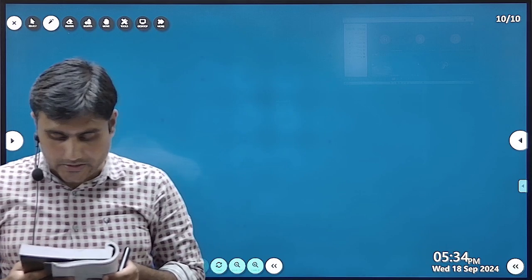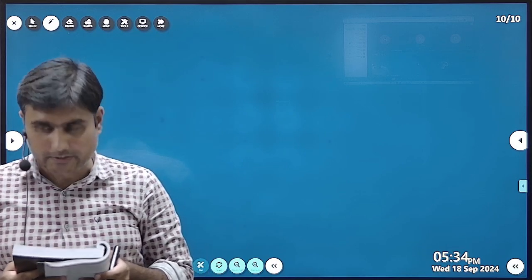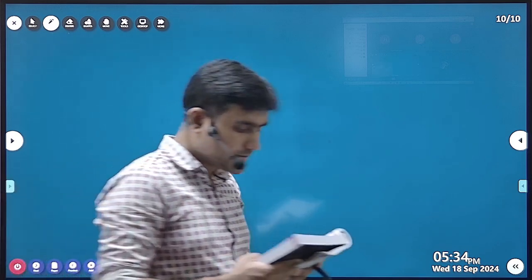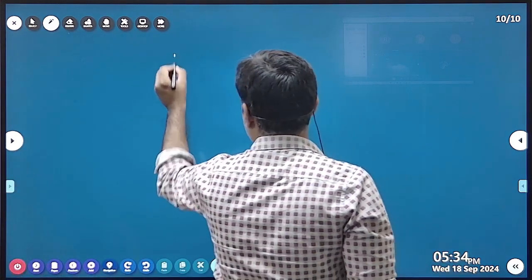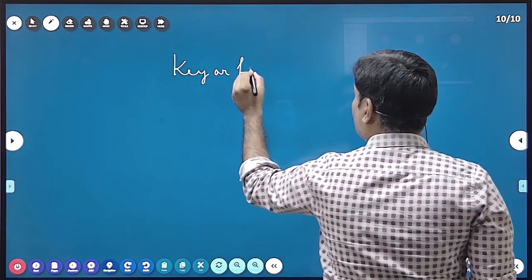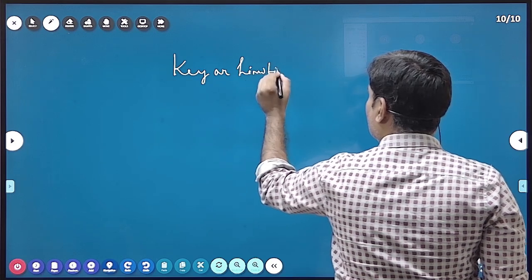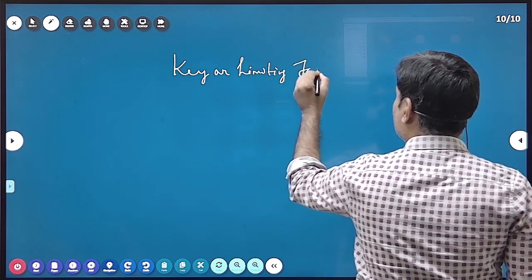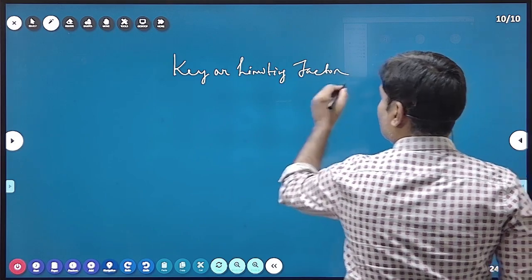Problem of key or limiting factors. What do you understand by the problem of key or limiting factors? Have you heard this term?